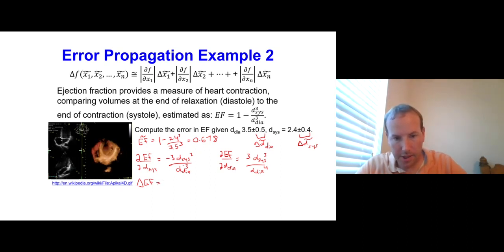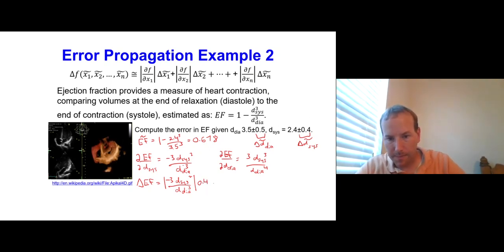Okay, so our error in ejection fraction is expected to be 3 times, and we have these values where in d-sys we're going to plug in 2.4, and in d-dia we would be plugging in 3.5, and then we multiply by 0.4 because that's the error in d-sys.